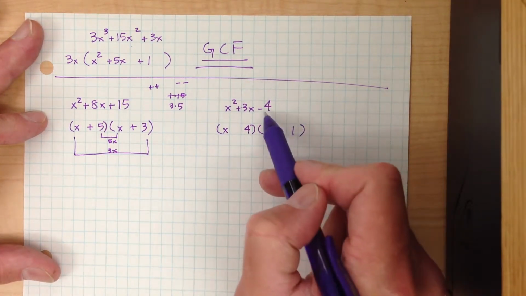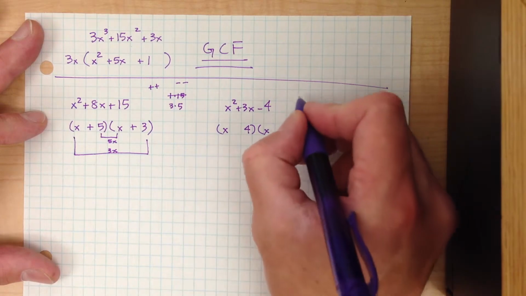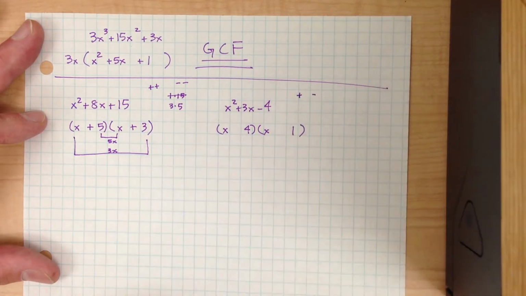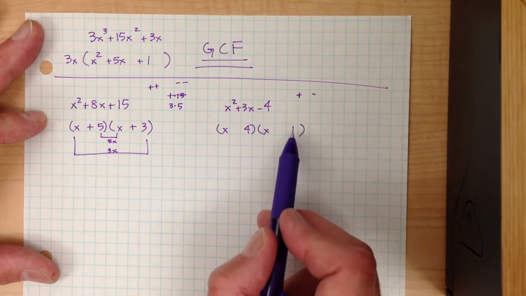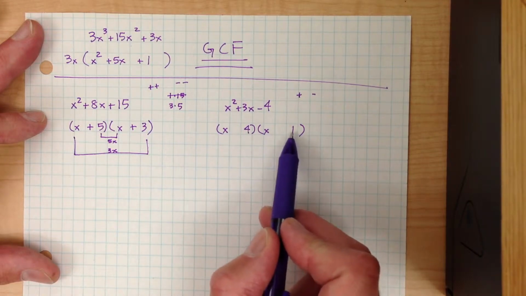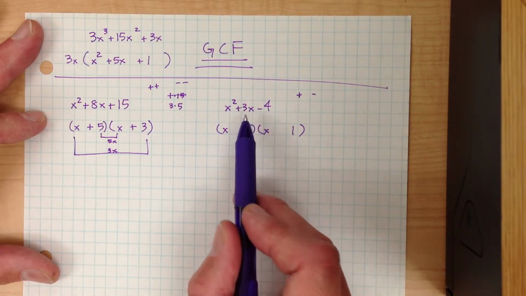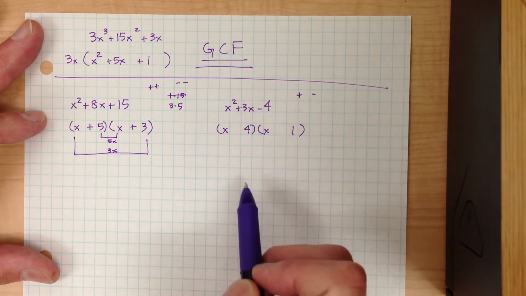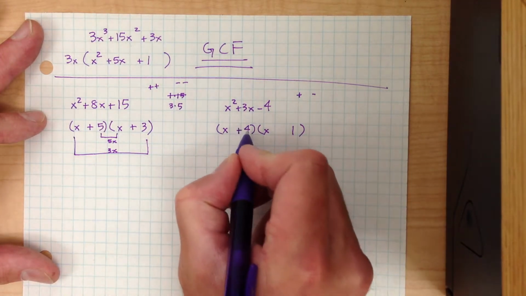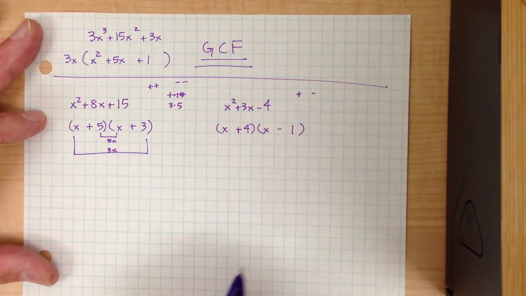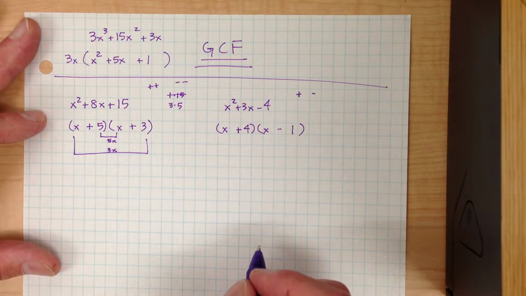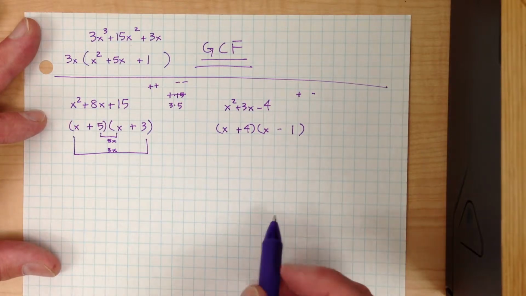If you have a negative on the back end, the way that that is going to happen is by having one positive and one negative. When we combine these two, the 4 and the 1, we need to come up with a value of positive 3. So we need to have more positives with the 4 than negatives with the 1. And just to make sure that that is correct, we'll do a fast check.